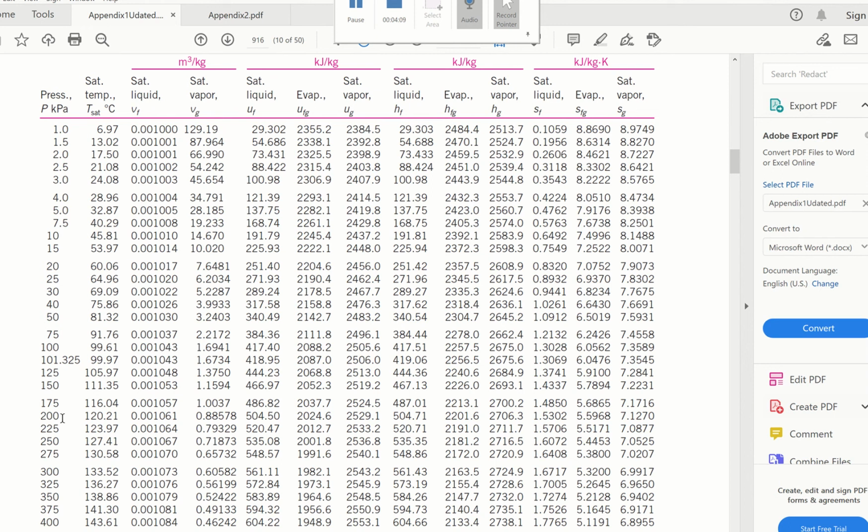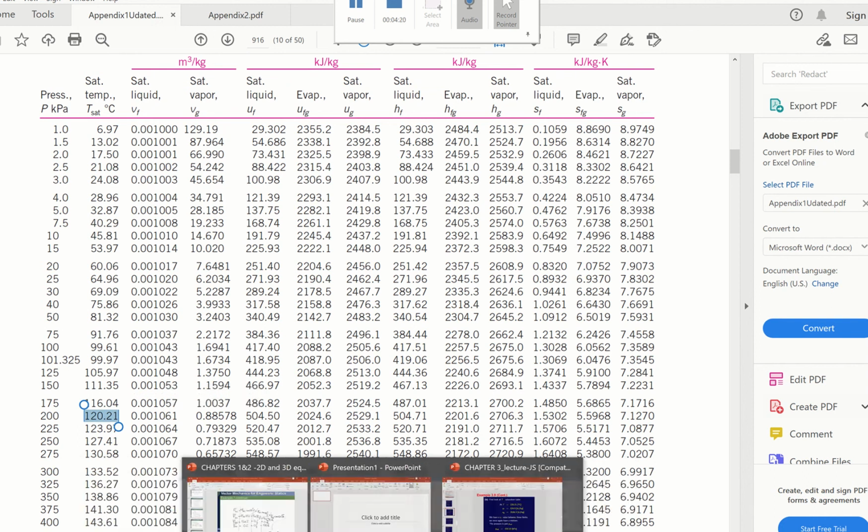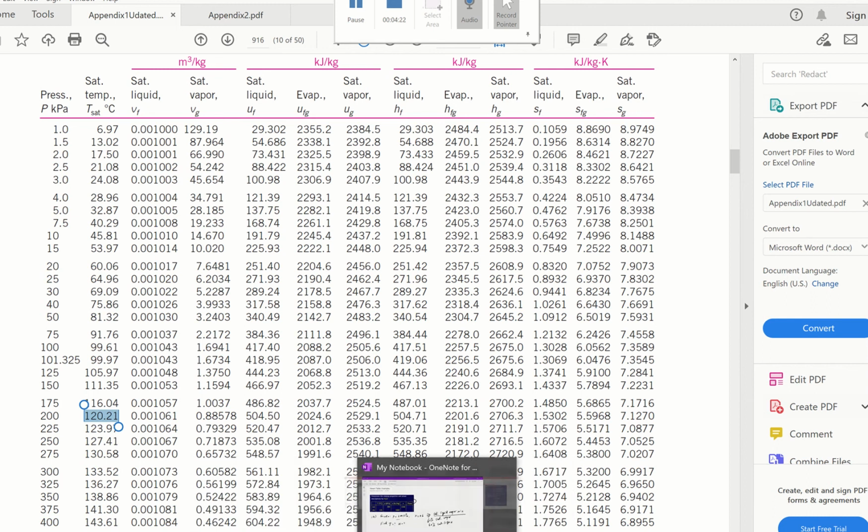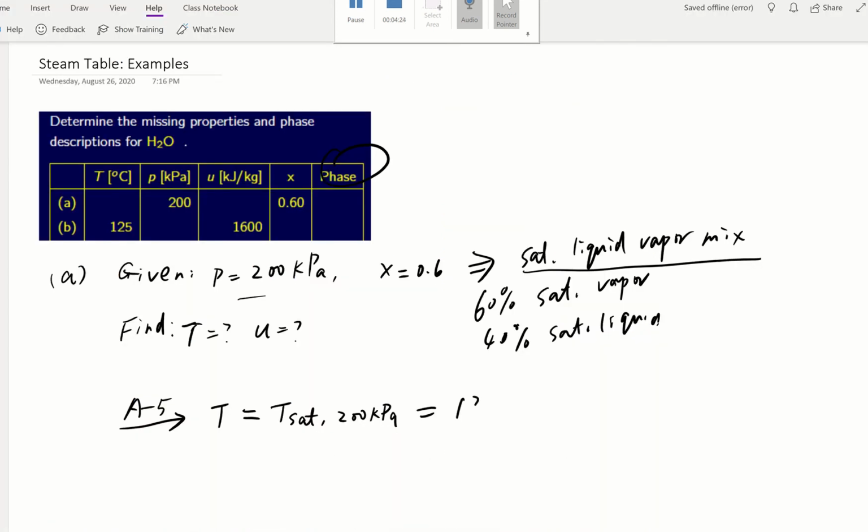At 200 kilopascal, the saturated temperature is 120.21. So we figured out the first part of the problem, the temperature.